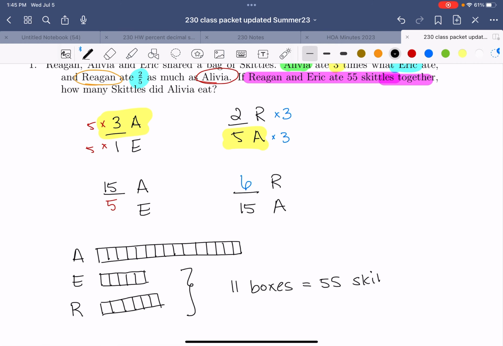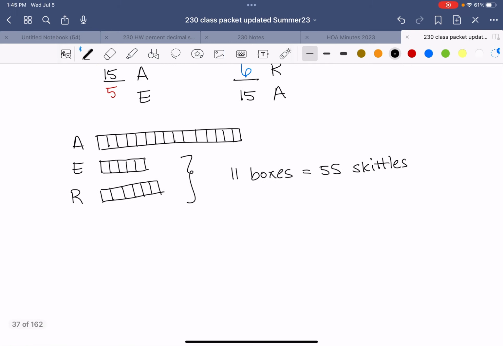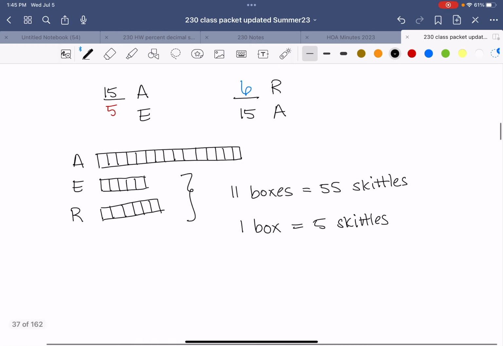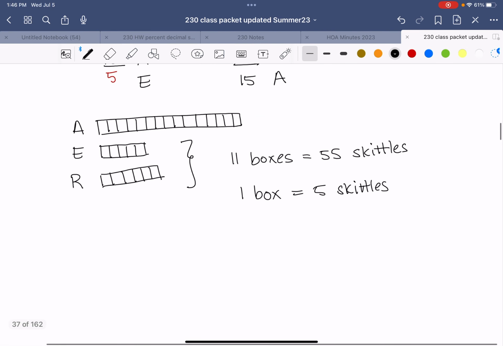So I'm going to set that up as my equivalent ratio. Then I can use equivalent ratios to figure out what one box is. So if I divide both sides by 11, I will get that one box is 5 Skittles. From there, I can go ahead and answer their question. Remember that their question is, how many Skittles did Olivia eat? So I'm looking for Olivia, so I'm going to note that down here.